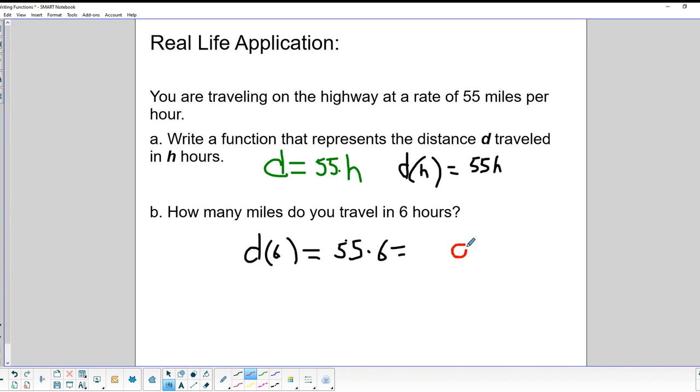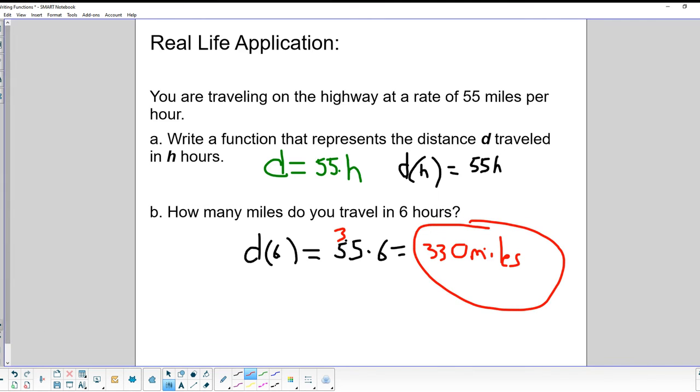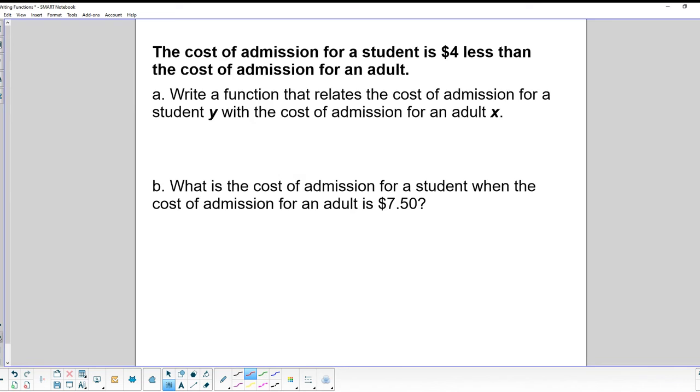So we've got a 0, carry the 3. 6 times 5 is 30. 30 plus 3 is 33. So in 6 hours, you will go 330 miles. So don't forget your units when you do problems like this. 330 miles.